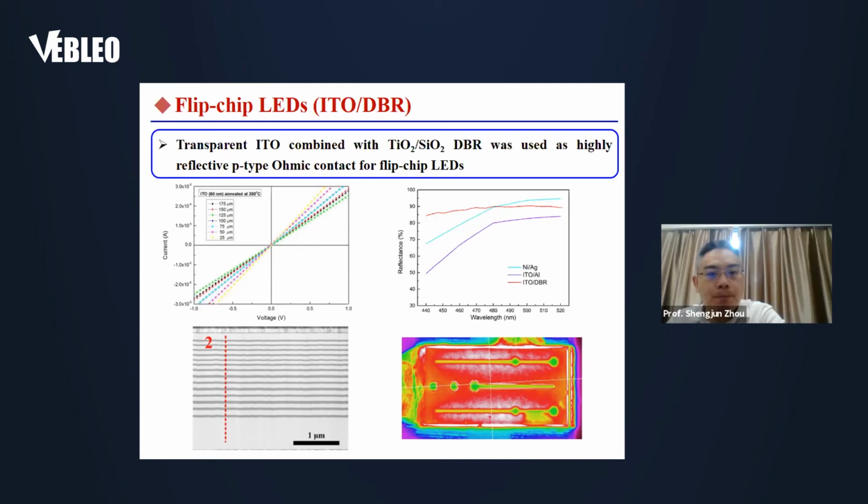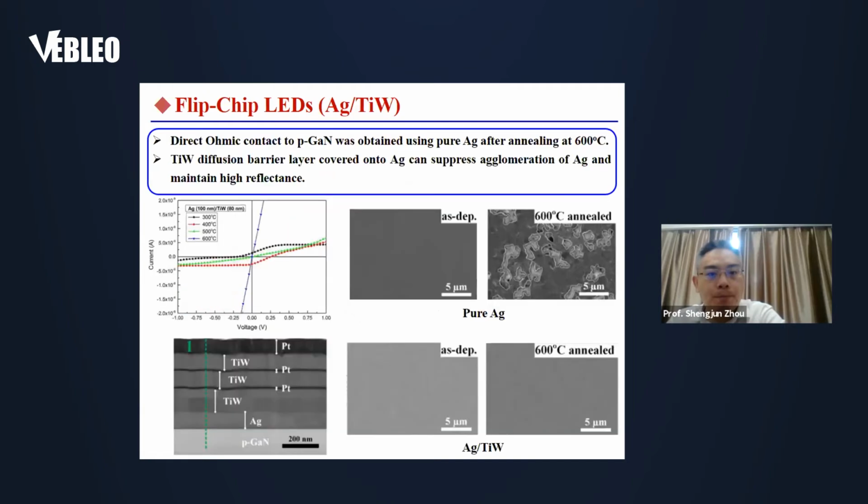Direct ohmic contact to p-type gallium nitride was obtained using pure silver after annealing at 600 degrees Celsius. Titanium contact diffusion barrier layer covered onto silver can suppress agglomeration of silver and maintain high reflectance.